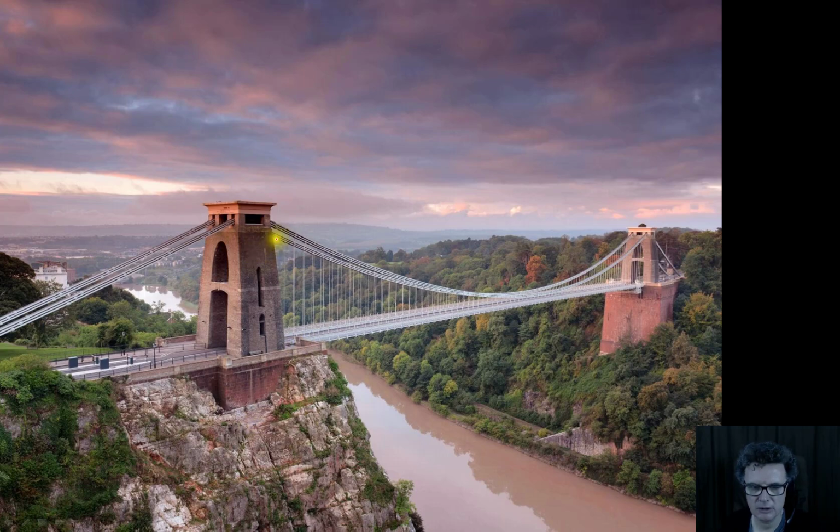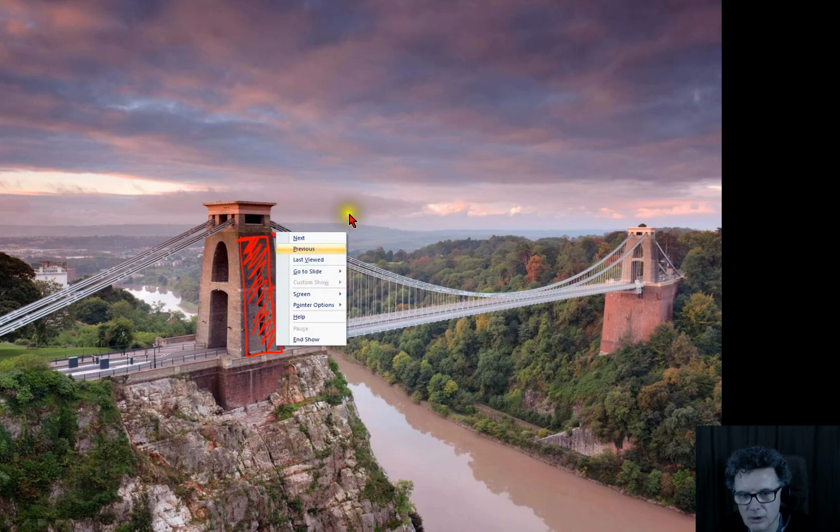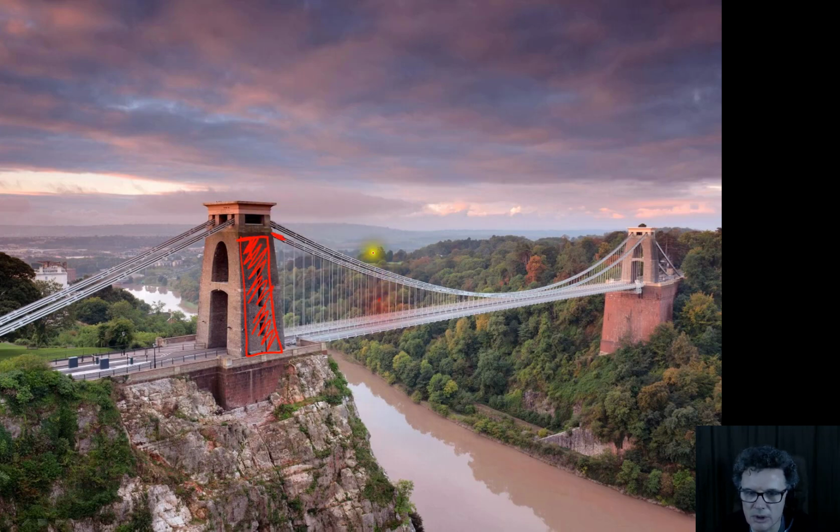So here on Clifton's suspension bridge, we've got some nice big struts. And what would these be? Well, these would be sort of solid members. Okay, possibly. Actually, they could be ties, couldn't they?